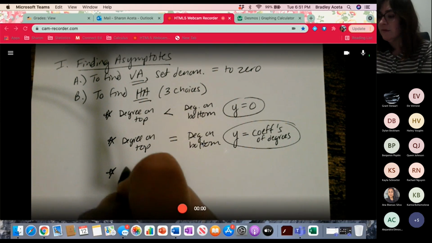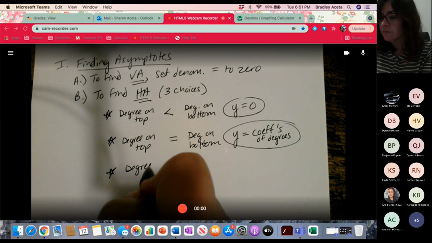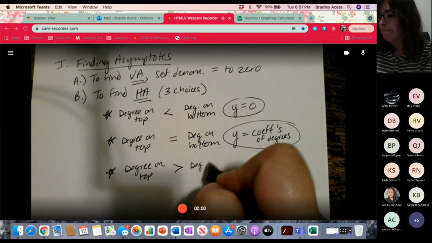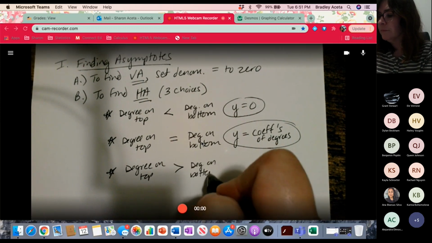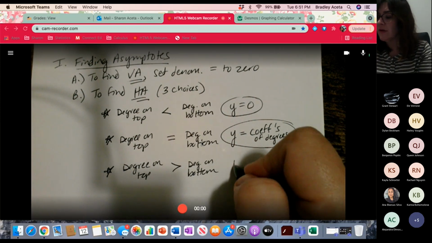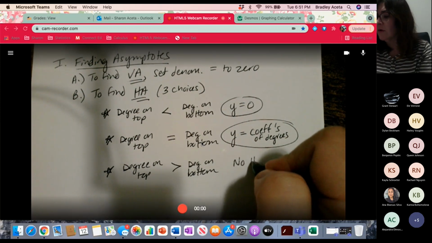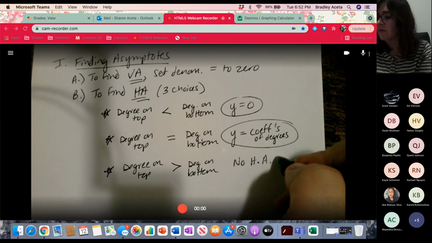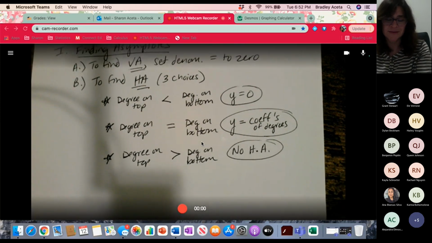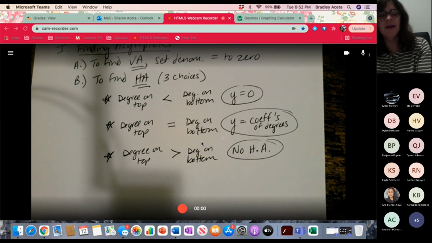If the degree on top is greater than the one on the bottom, then there is no horizontal asymptote. However, you're like, oh, yay.